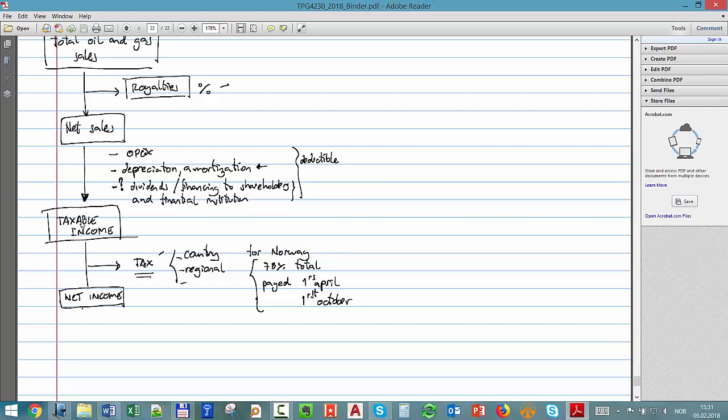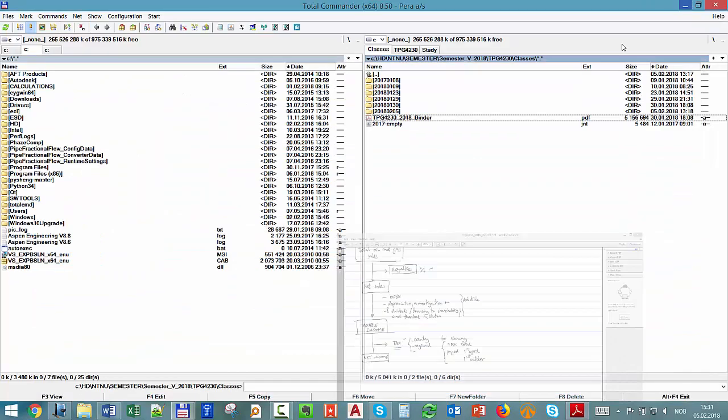That's what you call the taxable income, and that can be split in different ways depending on the country. You might have a regional tax, you might have a national tax.